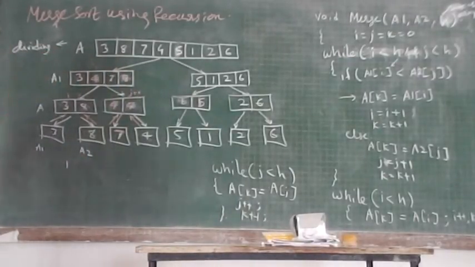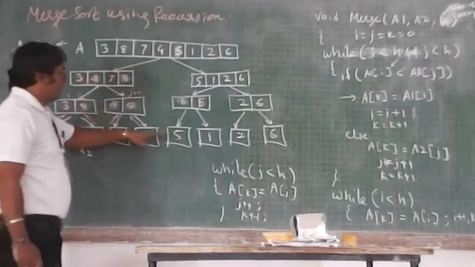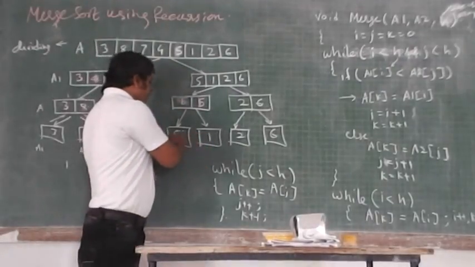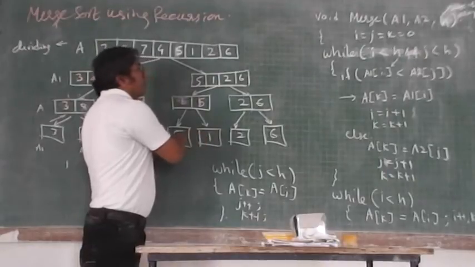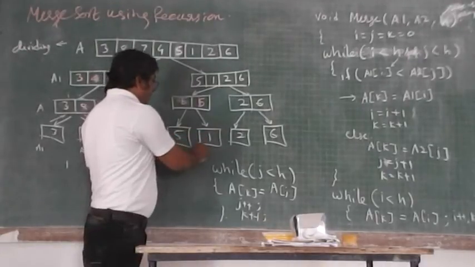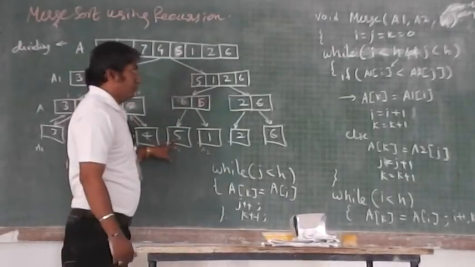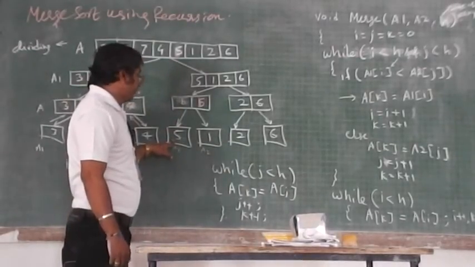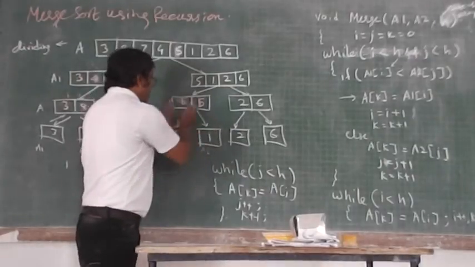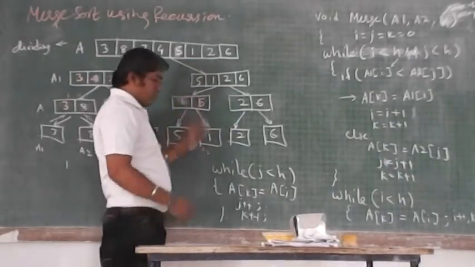By using this logic, see, I have done all this part, I have reached up to here, so I am merging this 5 and 1, this subarray A1 and A2, I pushed to the merge algorithm. What happens?